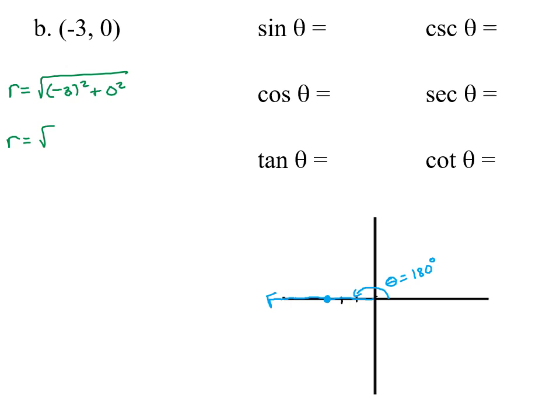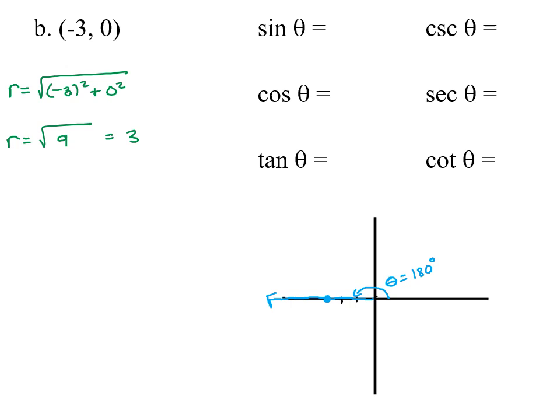So all you're going to end up with is the square root of 9, which is 3. So if you're on an axis, you're not going to have a diagonal. All you're going to get is the absolute value of whatever number you had other than 0. So here we have -3, 0. So we're going to get the absolute value of -3, which is 3. We can still use our definitions.